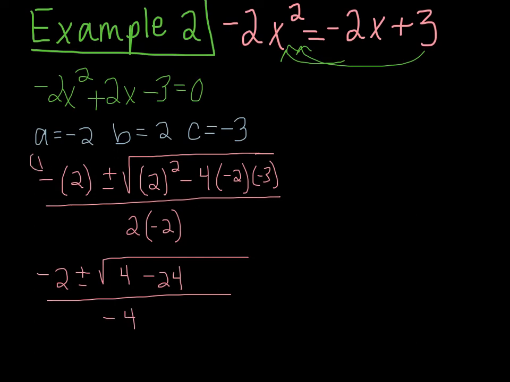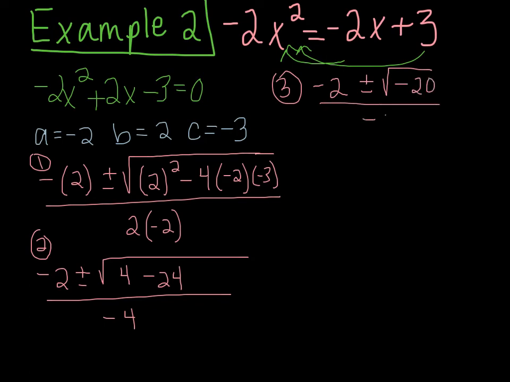This was step 1, step 2, and step 3. We're going to start simplifying our radical. So we have negative 2 plus or minus the square root of negative 20, all over negative 4. If you recall back when we were working with negative numbers and radicals, what we have here is going to be an imaginary number.